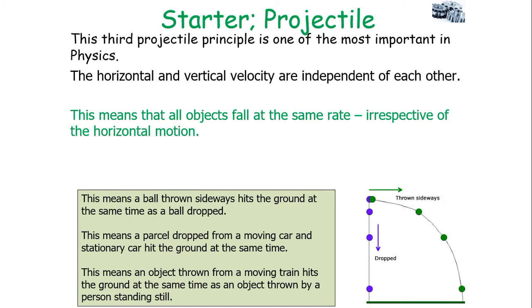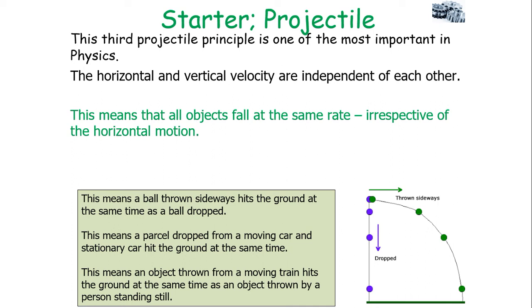So the third principle is one of the most important ideas in physics, that the horizontal velocity and the vertical velocity are independent of each other. That means all objects will fall at the same rate irrespective of their horizontal motion. This means a ball thrown sideways hits the ground at the same time as a ball dropped from the same height.